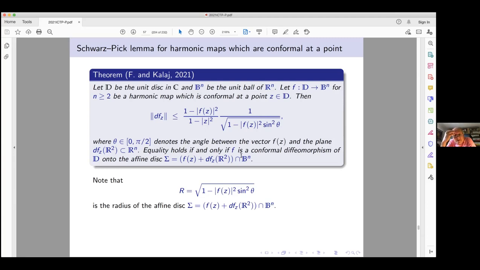There is, of course, one key difference between the two theories. In the holomorphic case, you have a lot of holomorphic maps, and these metrics are distance decreasing for holomorphic maps. But in the case of conformal minimal disks, there are so many of them in Rn that the only transformations of coordinates which preserve the class of conformal minimal surfaces are the rigid maps, meaning orthogonal maps and translations, nothing else.